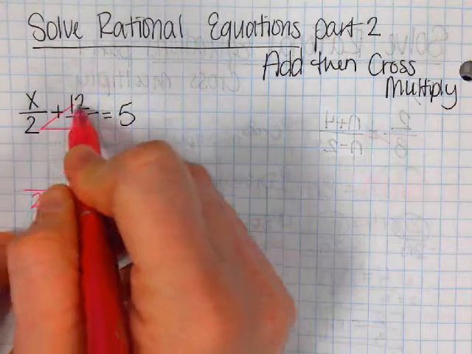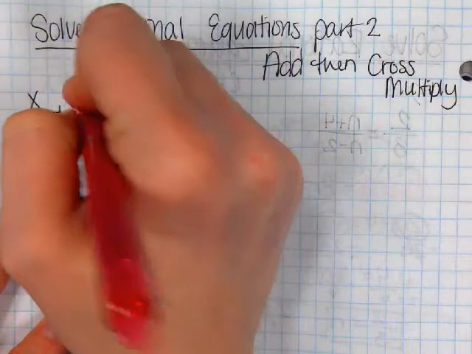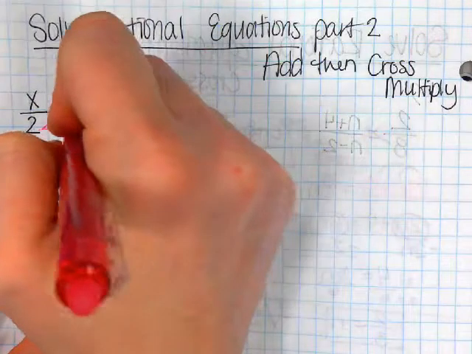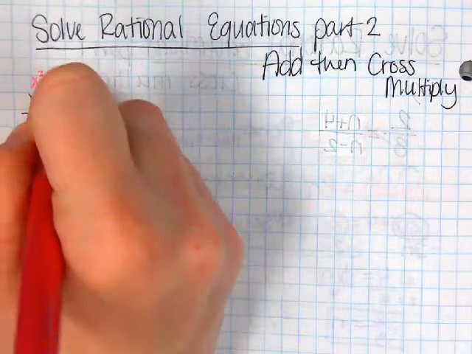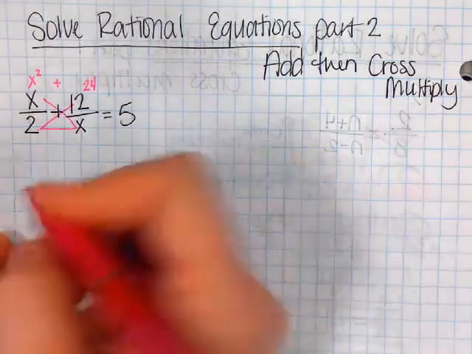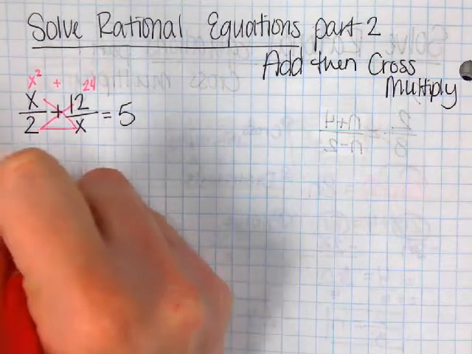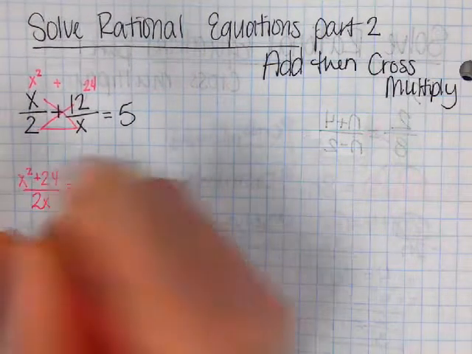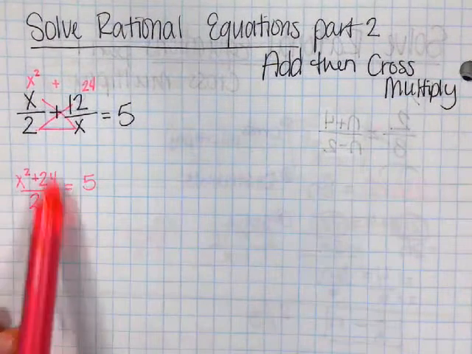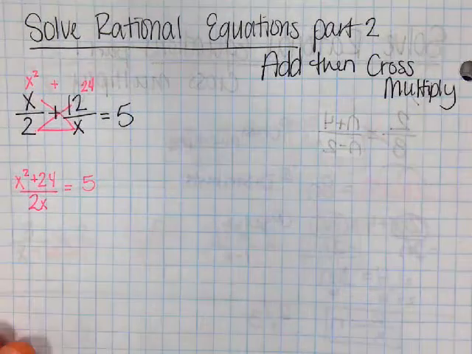2 times 12 is 24. And x times x is x squared. So across the top would be x squared plus 24 equals 5. So once it's set up like this, then you're going to do the steps like we did yesterday.